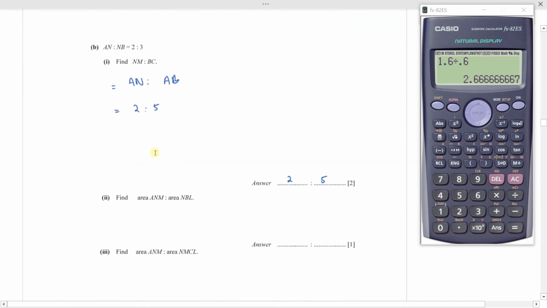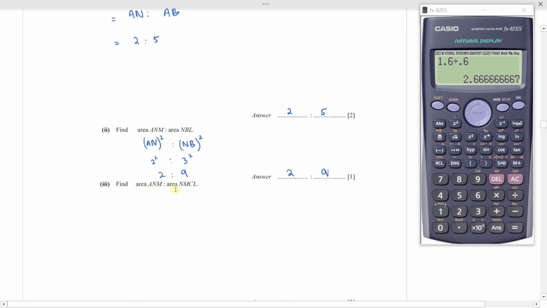So this will be AN side squared ratio NB side squared. So AN is 2 squared, and NB is 3 squared. So this will be 4 ratio 9. So this ratio of areas will be 4 ratio 9.